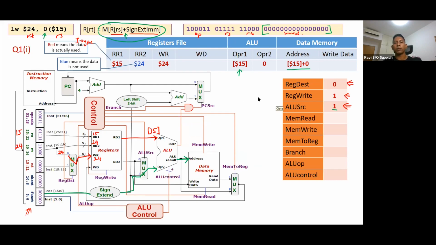The square bracket is referencing the data in the register. So the data in register 15, plus the sign extended immediate value. When I add them together, that addition is done by the ALU. So that ALU result is the address that I'm pointing to.